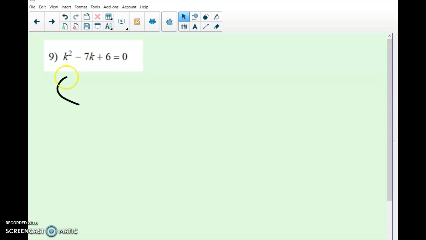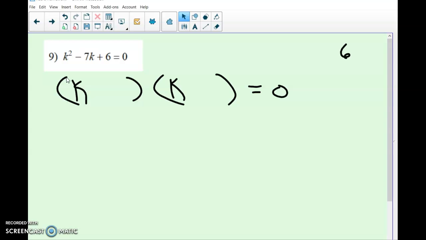So I'm going to go back again and I'm going to unfold. I know that k times k will give me my first term in my trinomial. I'm going to look at my constant term. My constant term is 6. Factors of 6: 6 and 1, 2 and 3.